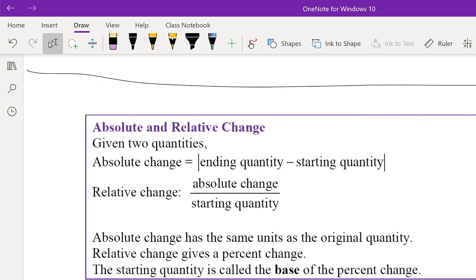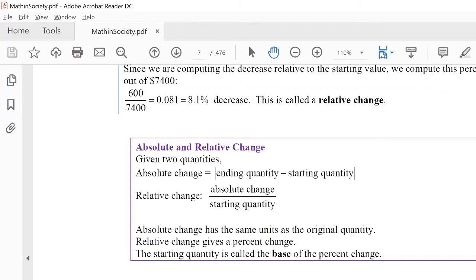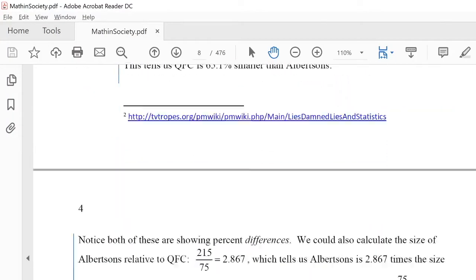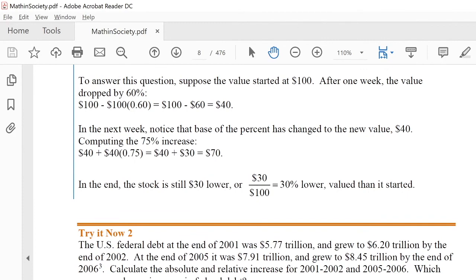So let's work through an example here. Again, we'll take one from our textbook.